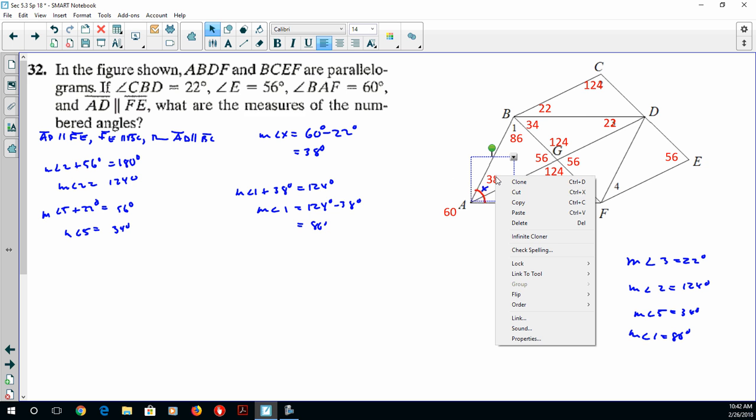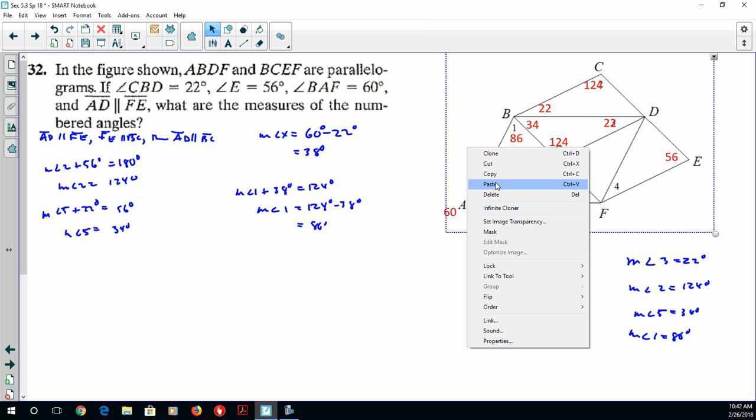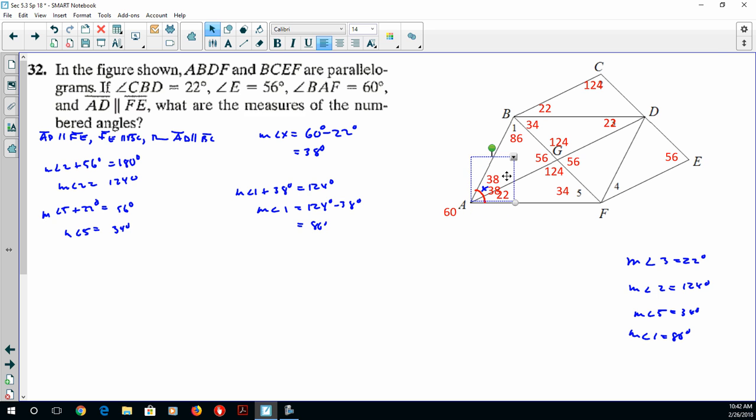So angle 4, okay, this is 38 because DF and BA are parallel and we have a transversal crossing there. Now DG and EF are parallel and DF is a transversal, so the measure of angle 4 is 38 degrees. Okay, lots of stuff going on there. I think it's a good problem. Well, hope this helps you with the homework.